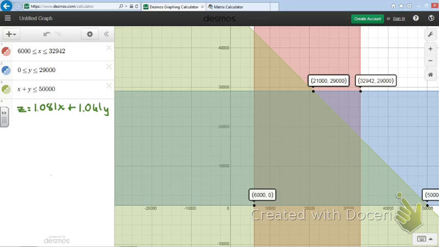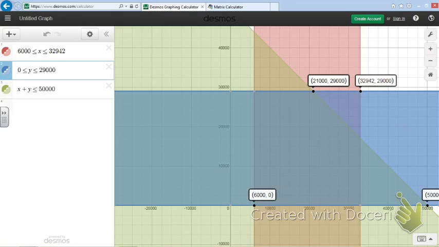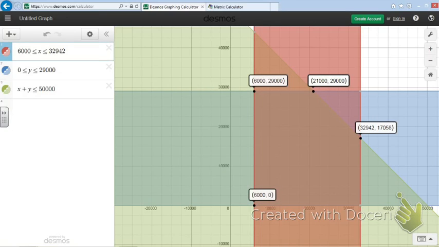And so I need to plug in my values. I think it took some of my ordered pairs away there. Gave me some extra ones that I didn't want. Okay, so those are my values.